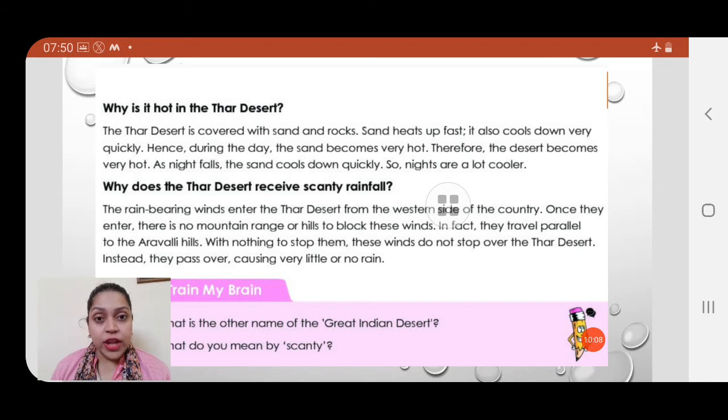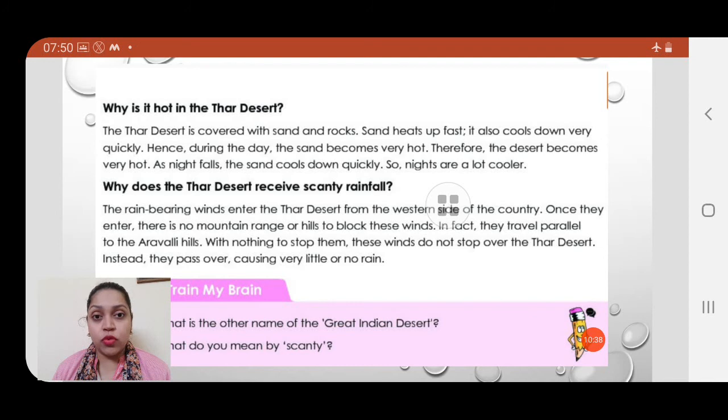The wind which carries the water vapor, the rain causing winds, enter the state of Rajasthan from the western side, and since there are no hills to stop them, and when rain bearing winds strike a mountain or hill they cause rain in the nearby region.